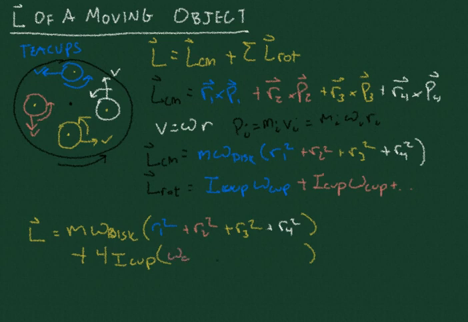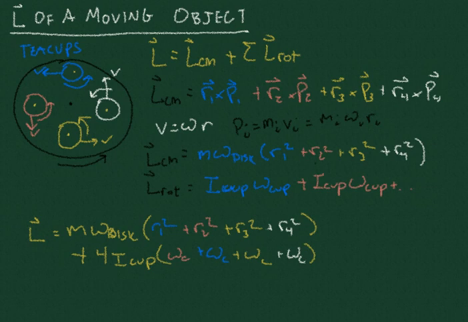Omega of a cup, because they could potentially all be going at different speeds. Okay, so this would be the total angular momentum.